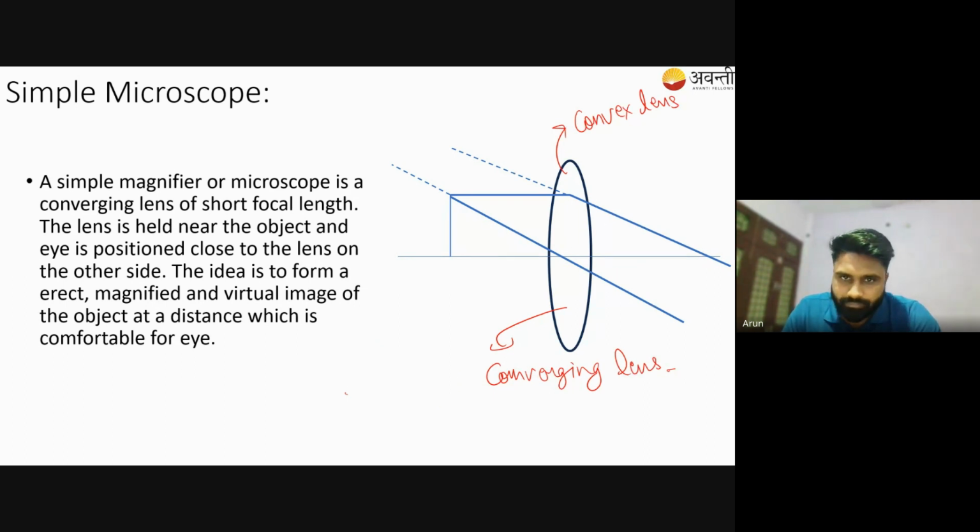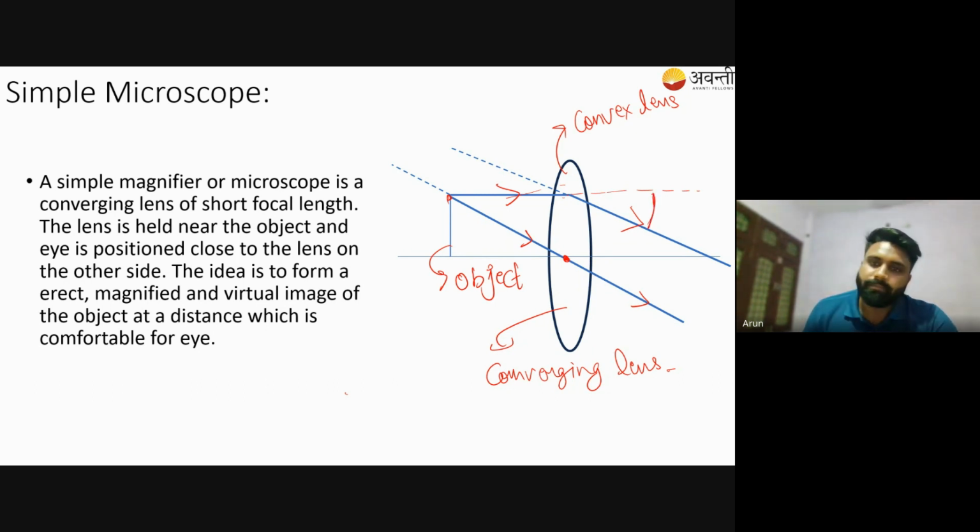This is the object we are trying to observe. We put this lens near this object. So this is a ray, the incident ray. This ray is passing through the optical center, so it will not deviate from its path. And this is deviated from its path. This is the original path of it, and it just deviates from its path.